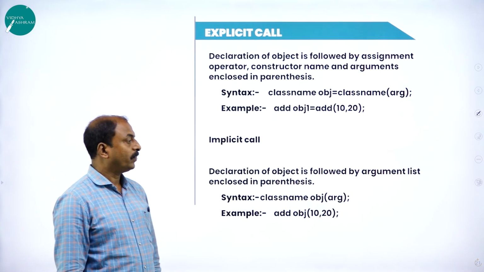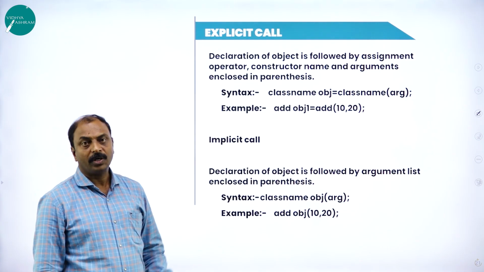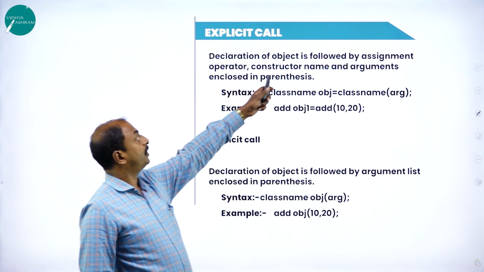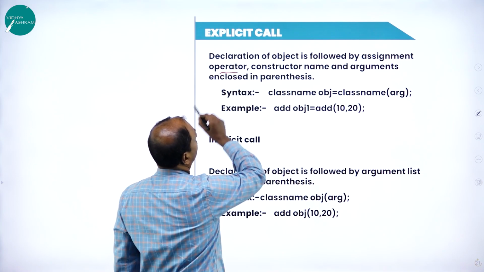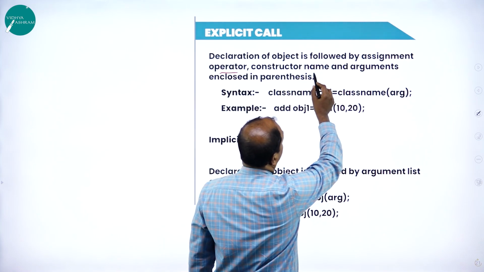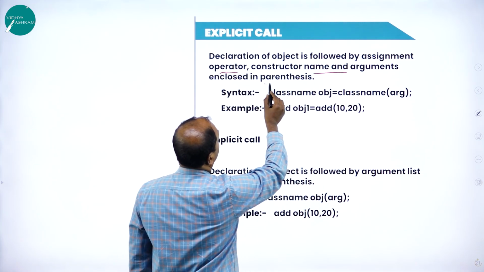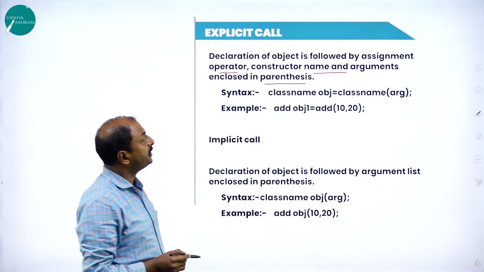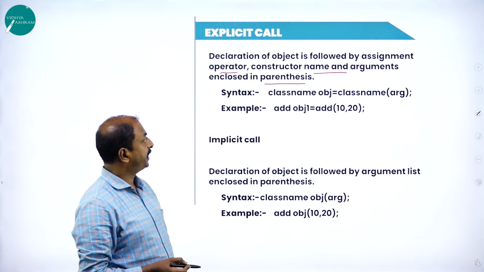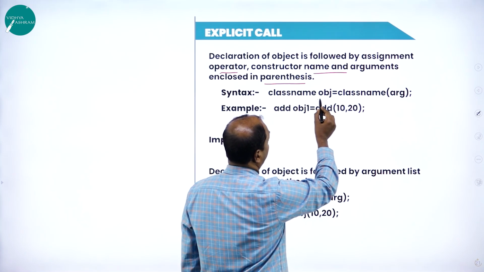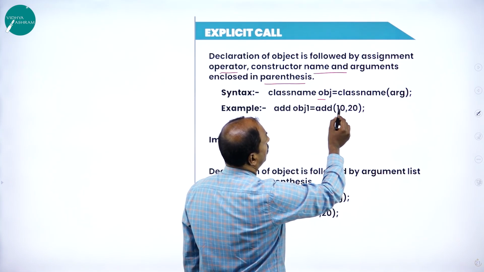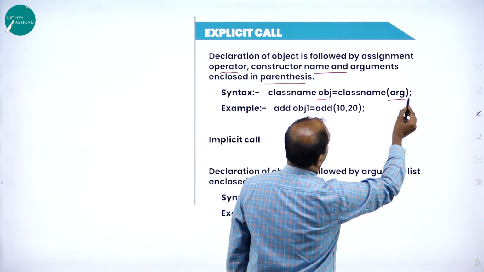Now, let us see what is this explicit call. Here, the declaration of an object is followed by assignment operator, constructor name and argument enclosed in parentheses. So, this is explicit call. Now, look at the syntax of that. Class name, space, obj, this is name of an object, equals to class name and argument list.